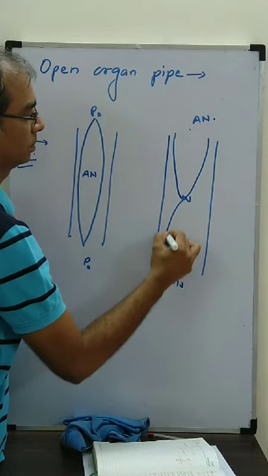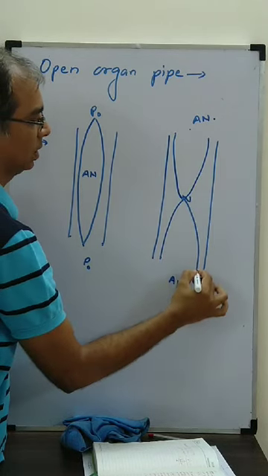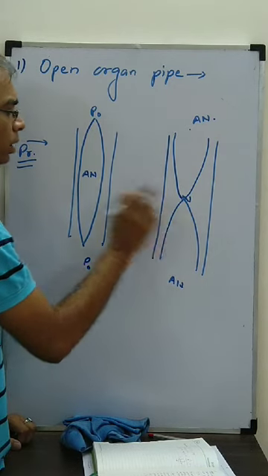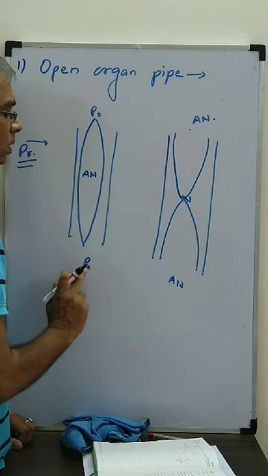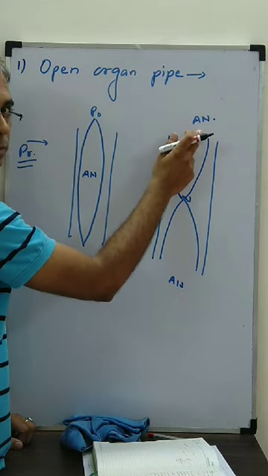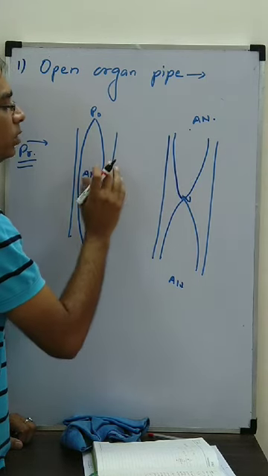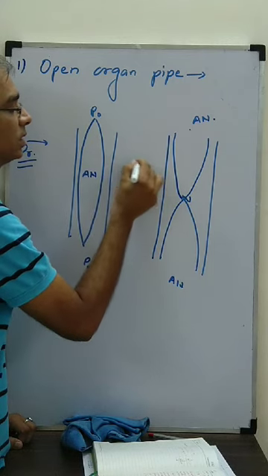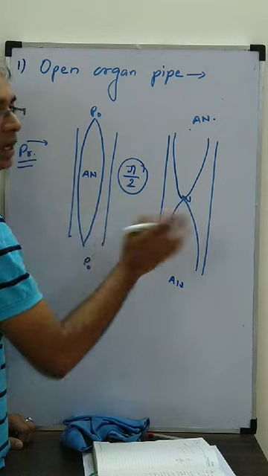Single node, single antinode, node, antinode, node, antinode. Why like this? Because we know that the displacement wave and pressure wave have a pi by 2 phase difference. That's why this kind of diagram is there.